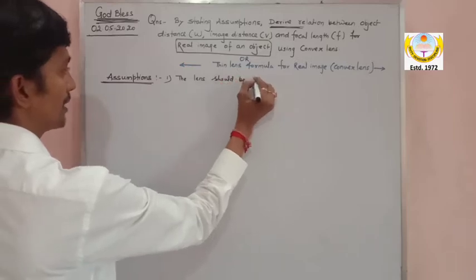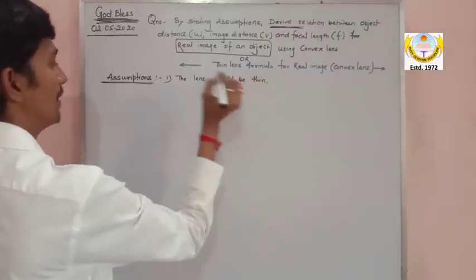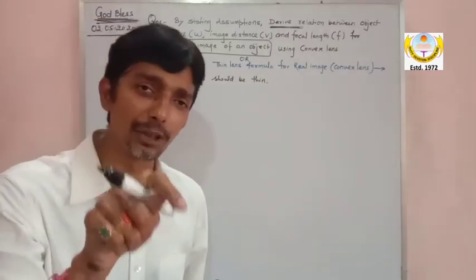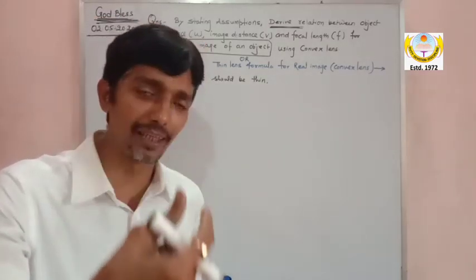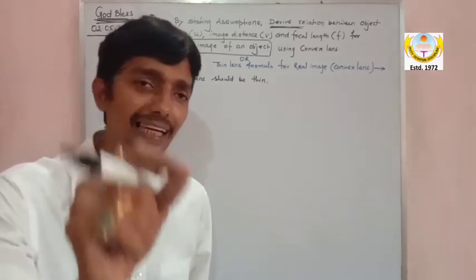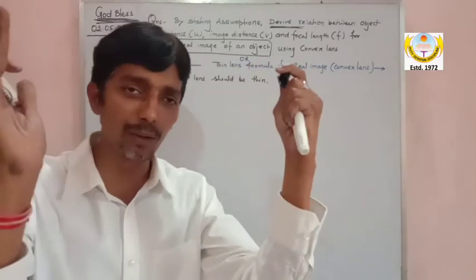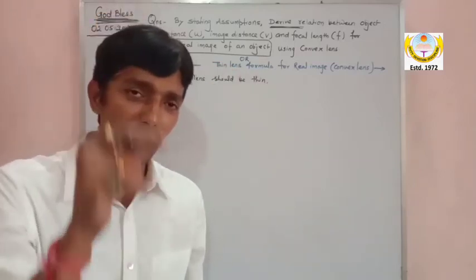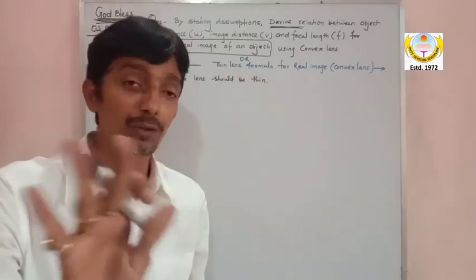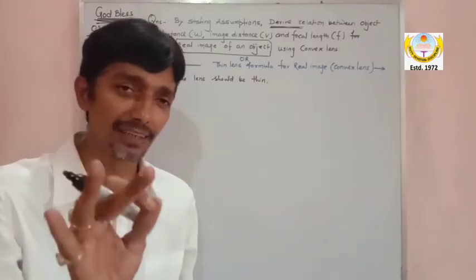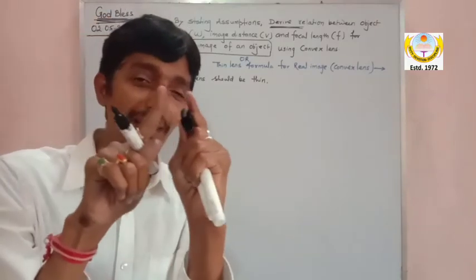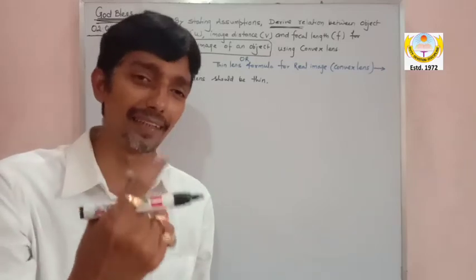Anybody will ask you why the lens should be thin: so that the distance can be measured from its surface, that is the optical center. If the lens is broad, it is difficult to measure the distance, because we have to measure the distance from the surface. Now there is no pole, so we are measuring the distance from the optical center, which is on its surface. It is possible when the lens is thin; you can easily measure the distance.